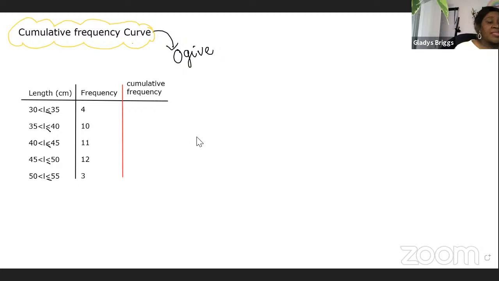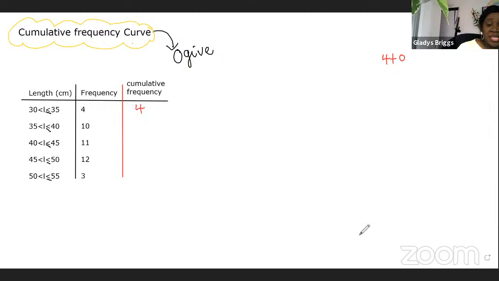Then what we have to do now is to keep on adding the preceding frequencies to the new ones. Here is preceded by nothing, 0. So the first one is 4 plus nothing, so it's going to be 4.